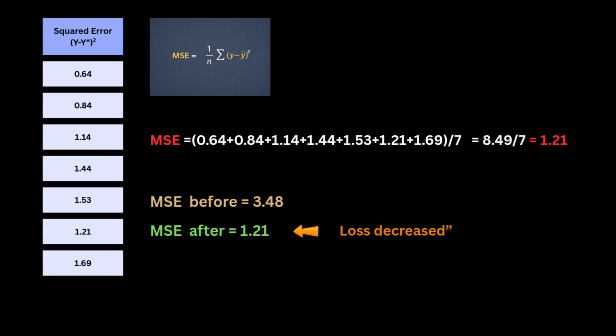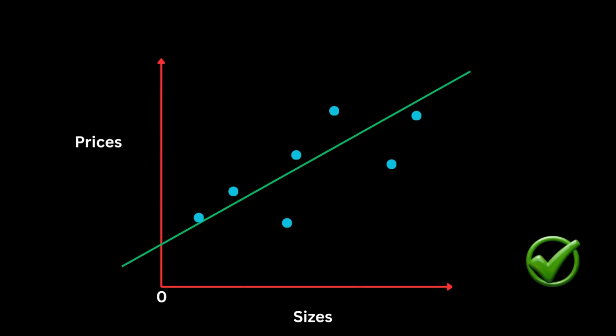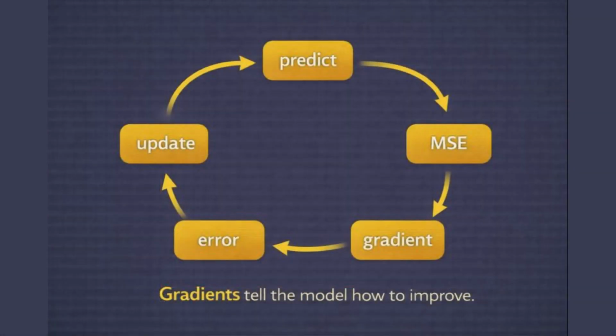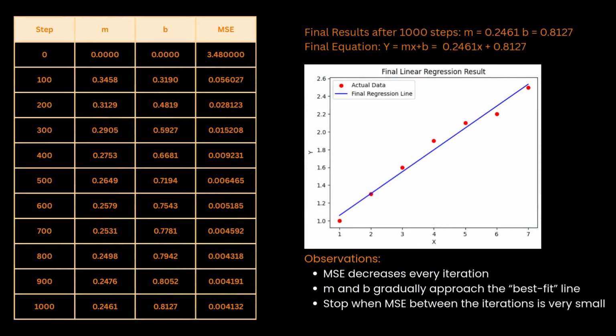Nothing magical happened. We didn't guess. We followed the math, and the line got better. This is one step of gradient descent. Training just means repeating this again and again.